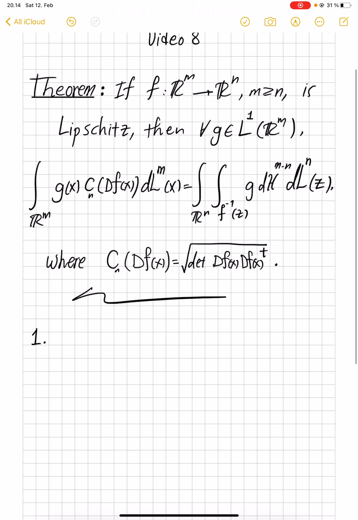Okay, we begin with the recall that differentiability of the function f is a consequence of Rademacher's theorem.